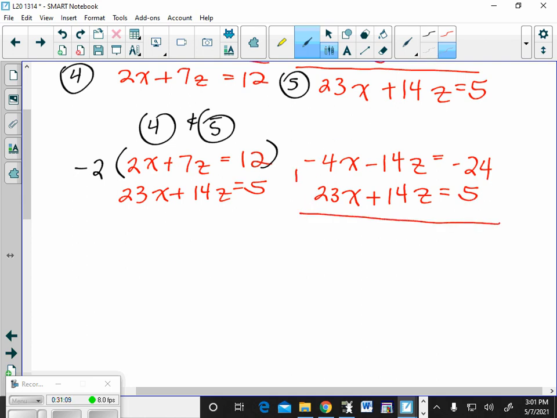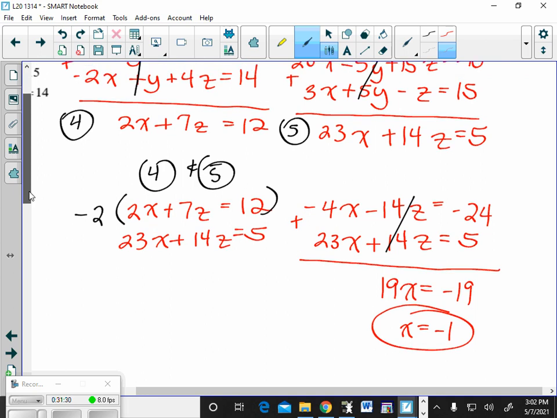So when we add those up, we did eliminate that z variable, and we end up with 19x equals negative 19, and we finally solved for our first variable.